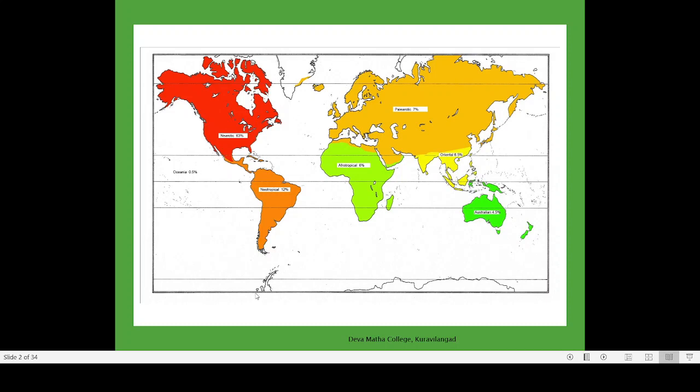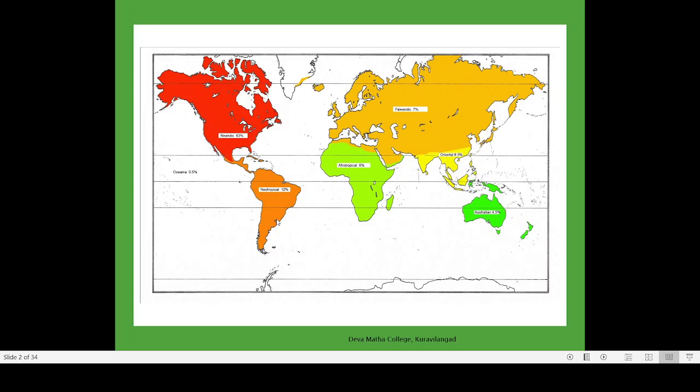If you look at the map, this is the tropical belt of South America, and the countries which are coming south of this Tropic of Capricorn are actually placed in temperate regions of South America.